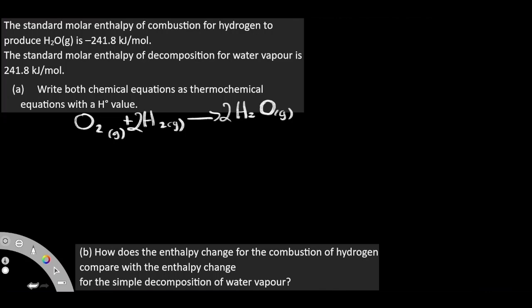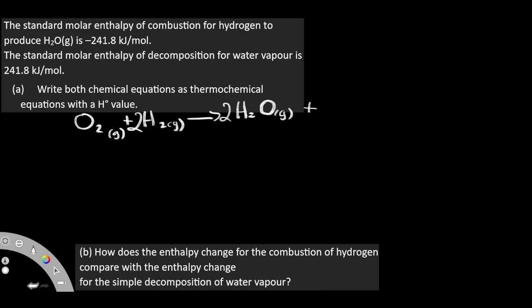Well, this value here is per mole of H2O, but we don't have per mole of H2O right now. We have 2 moles of H2O. Per mole is 1 mole, and we actually have 2. So rather than negative 241.8, we need to multiply it by 2. So it's going to be double because we have a coefficient of 2 here. And again, it's a negative value, so it needs to be on the product side.